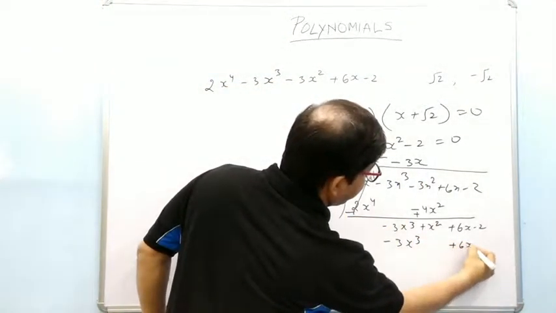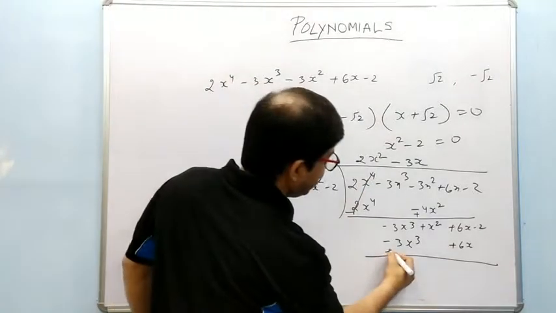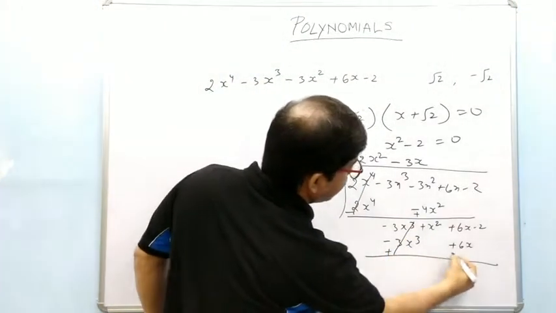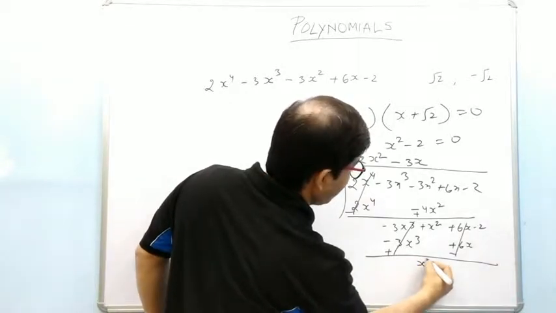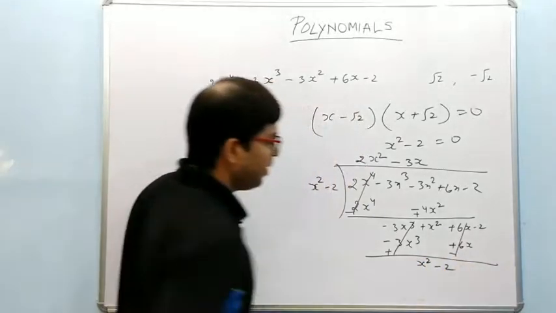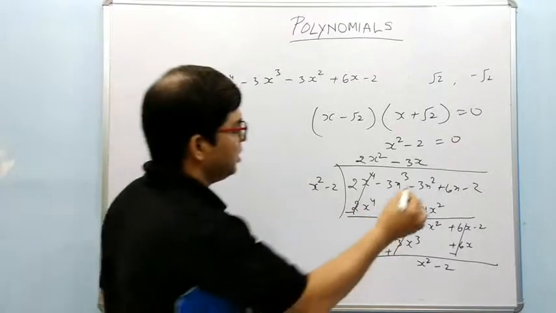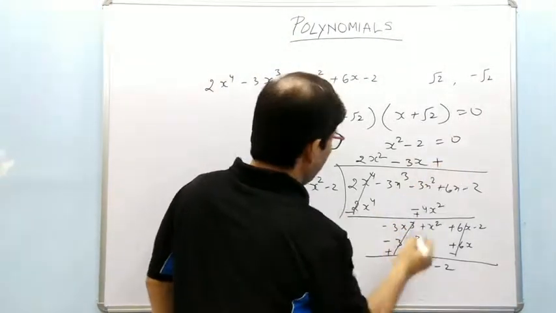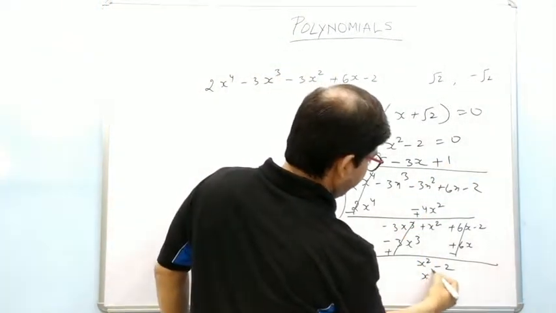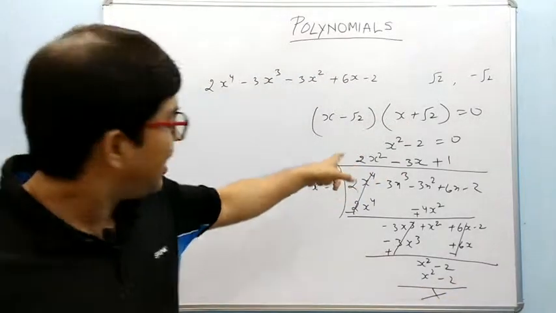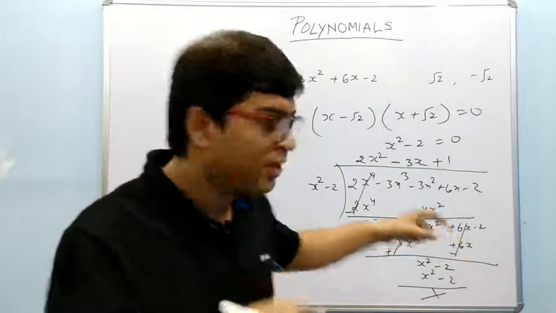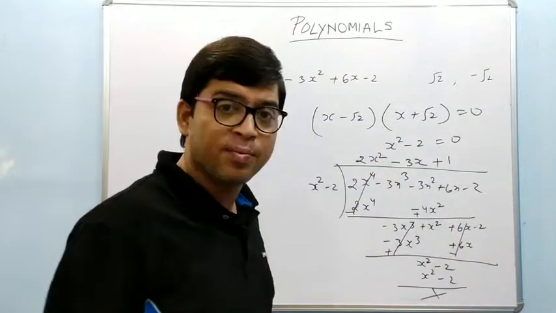This cancels out, and we are left with x square minus 2. Now just multiply with 1, it is x square minus 2, so it cancels out. So the other factor of the expression is this.